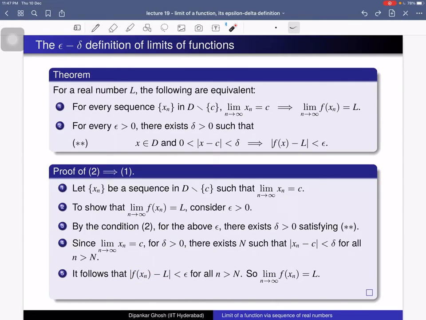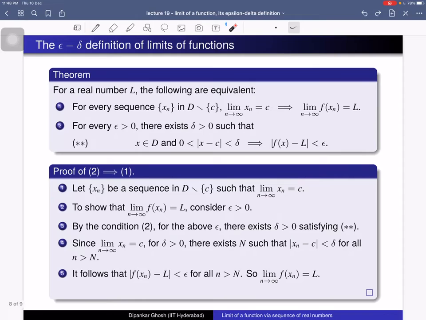So that we want to prove here. Condition 2 is given and we should use that. So by condition 2, for this epsilon there exists a positive real number delta which satisfies that condition, and then you use this thing.